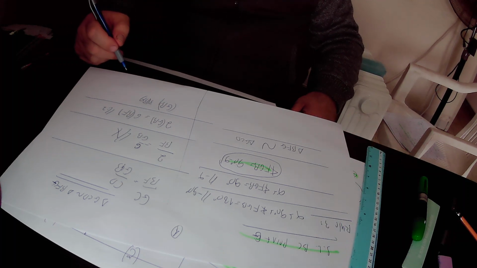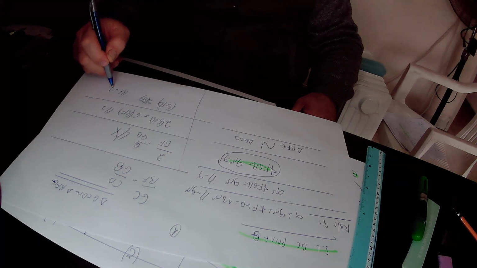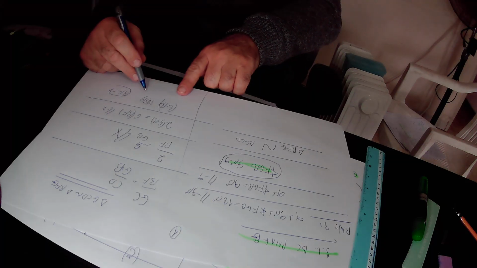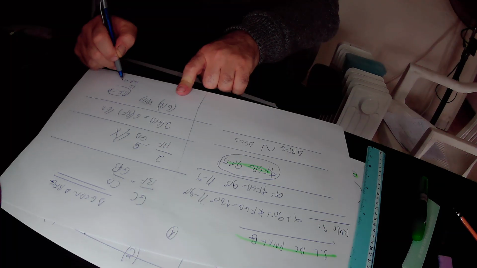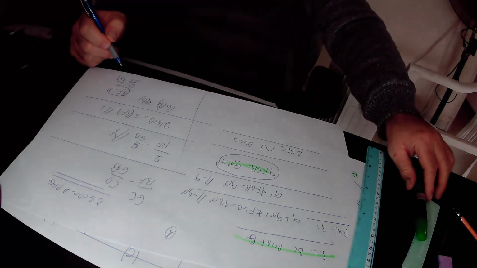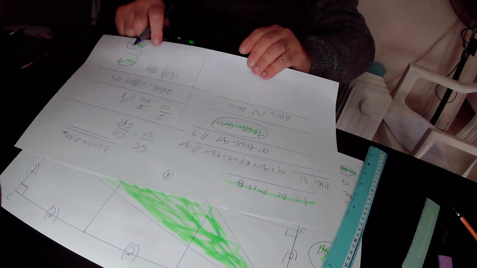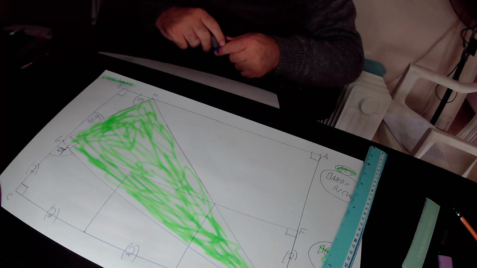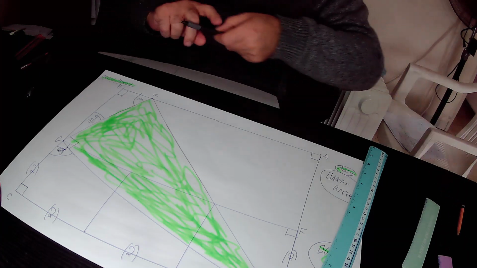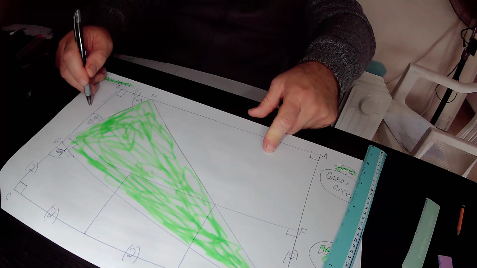So if we define the length of side BF as x, then according to this equation, GB must be equal to 3x. So since BF equals x, therefore BG equals 3x.